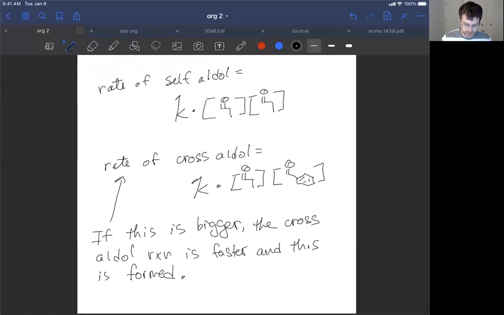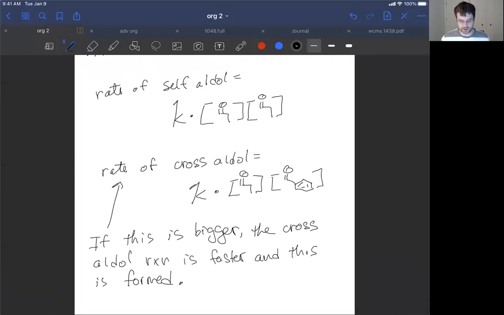So how do we make that rate of the crossed aldol bigger? Well, the self-aldol and the cross aldol are similar in that they both include the concentration of that starting carbonyl that gets converted into the enolate. So what we can do is not really much there. If we increase that concentration to increase the rate of the cross aldol, we're also going to increase the rate of the self-aldol, but we have the square of that concentration to consider.